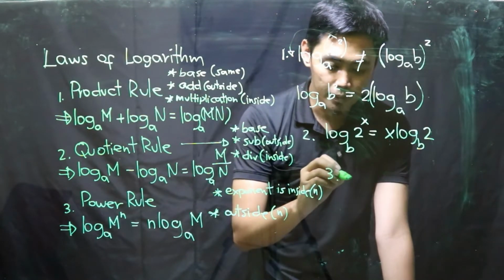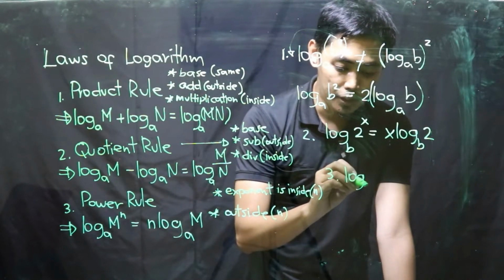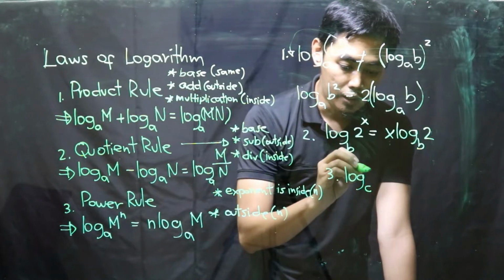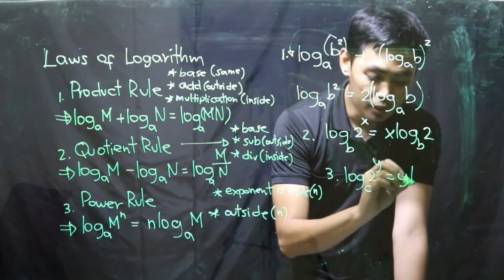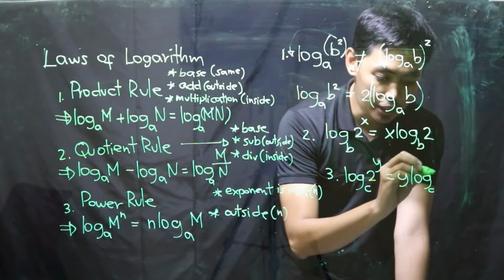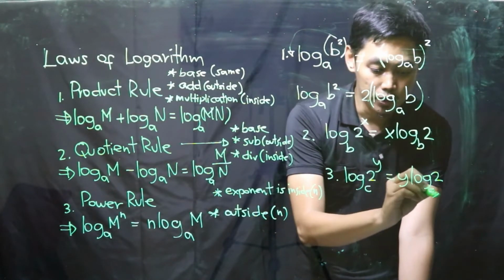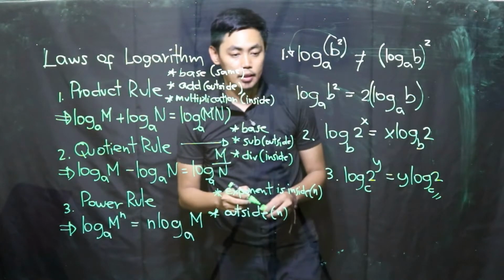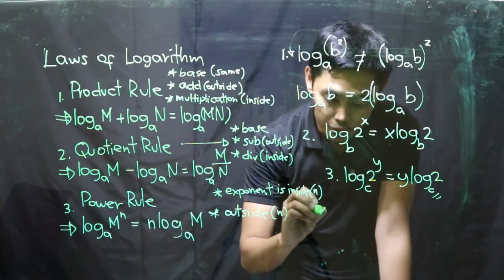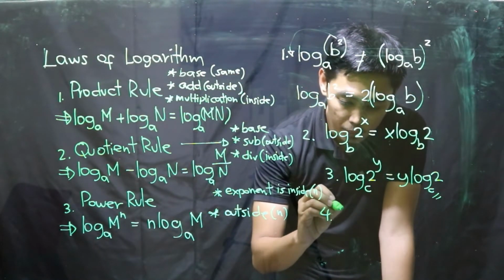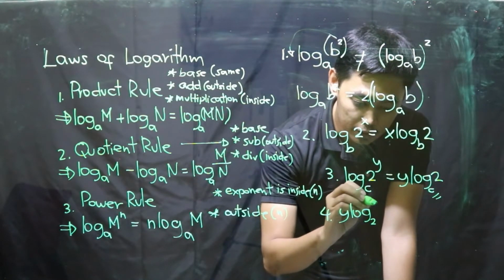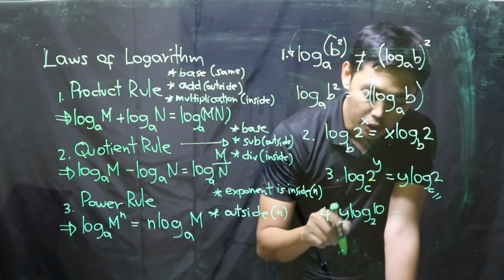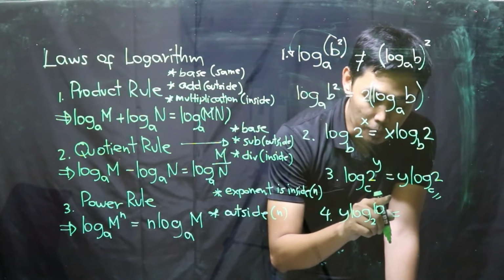So, number 3. Logarithm of base c, 2 to the power of y is equal to y logarithm of base c, 2. So, same answer. If there is an instance like this, y logarithm of base 2, 10, you can also transfer y to the top of 10.